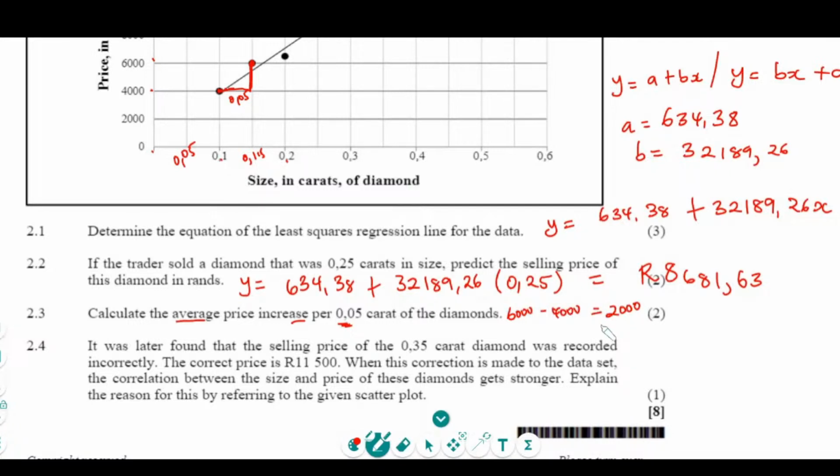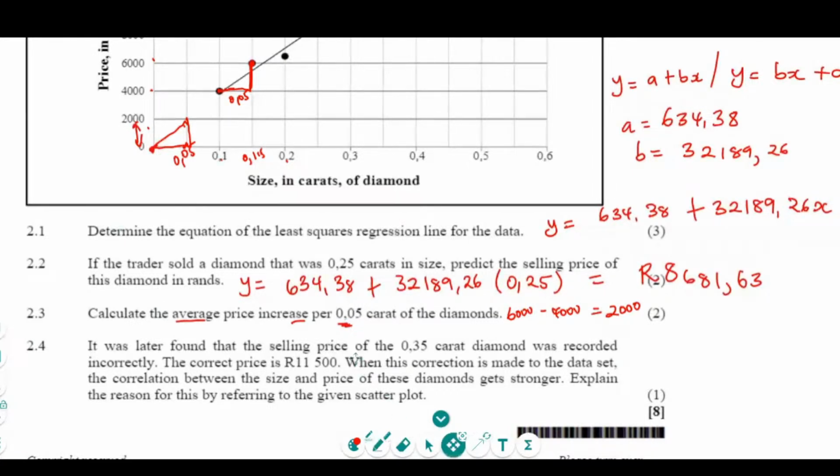I can look at it that way. Or someone can even just focus on if this is 0 and this is 0.05, what am I having here? That from 0 to 0.05, the y is increasing by the 2,000 itself.